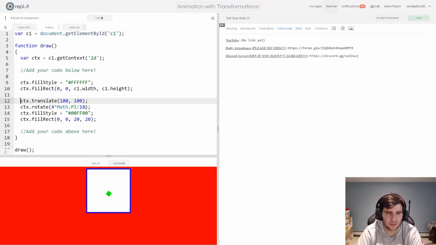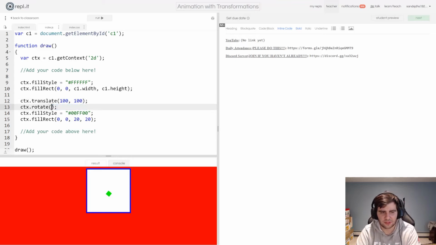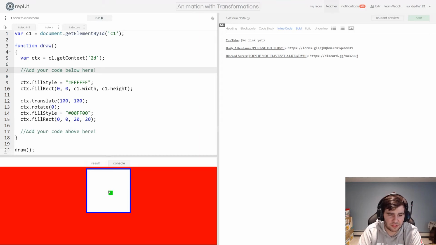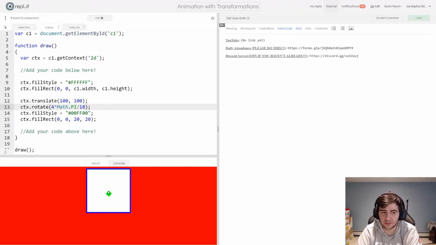Let me just cut this out and put this at 0 right now. The point of rotation here is actually going to be this top left corner. I can't really just keep my mouse there and run it, but let's see. It should be, yeah, it'll stay in the same place.